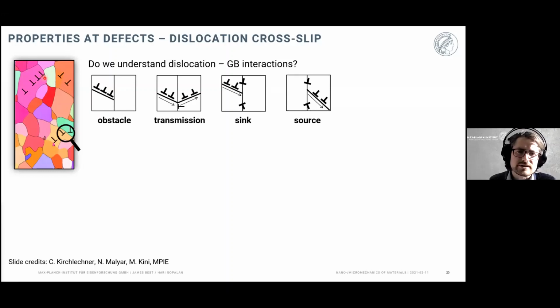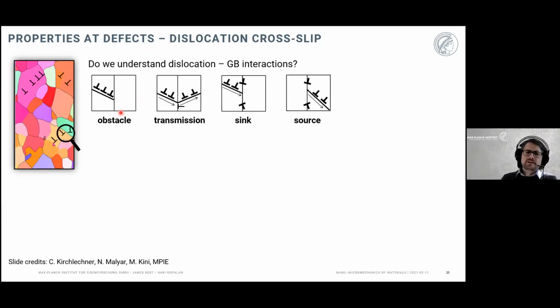This is a really big open question in material science: whether these grain boundaries act as obstacles to dislocation motion, whether there's some degree of transmission so the dislocations can pass through after paying a small energy tax, or whether these grain boundaries act as sinks or sources so that they either absorb or emit dislocations. But my question for Hari now is, can we study this in a rational way?